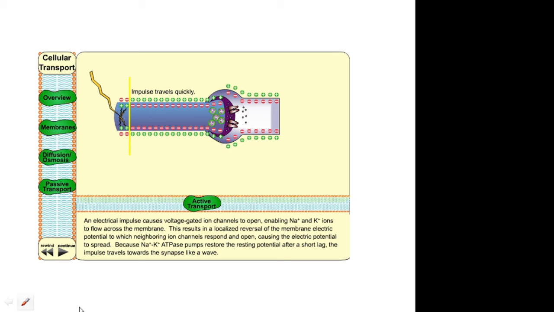This results in a localized reversal of the membrane electric potential, to which neighboring ion channels respond and open, causing the electrical potential to spread. Because the sodium potassium ATPase pump restores the resting potential after a short lag, the impulse travels toward the synapse like a wave.